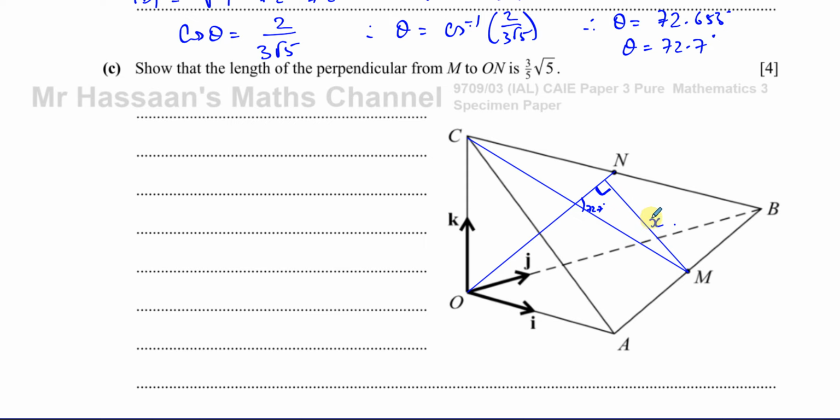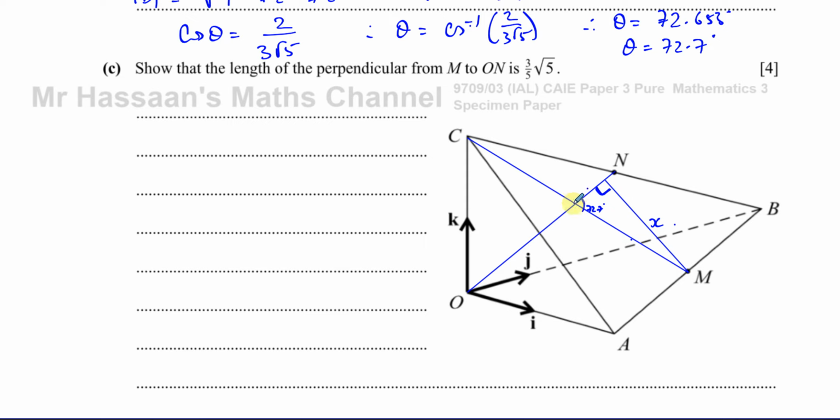We have 72.7 degrees, and we want to show that this length is 3/5 root 5. We don't have this length, and we don't have that length. So it doesn't look like we can use the angle we found to find this length x, because we would need either of those two lengths.